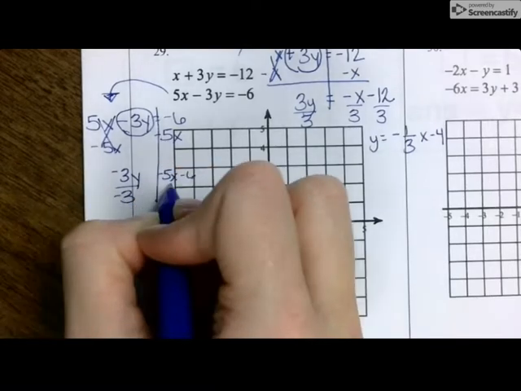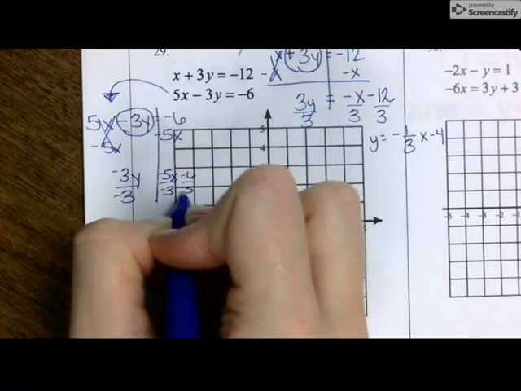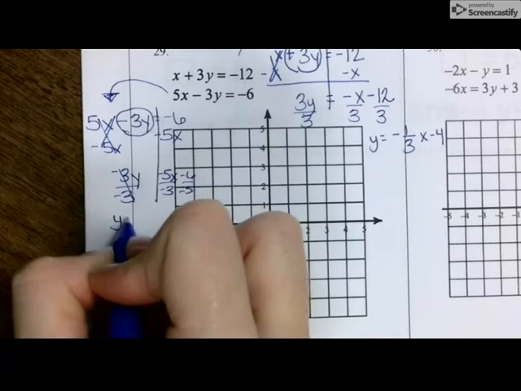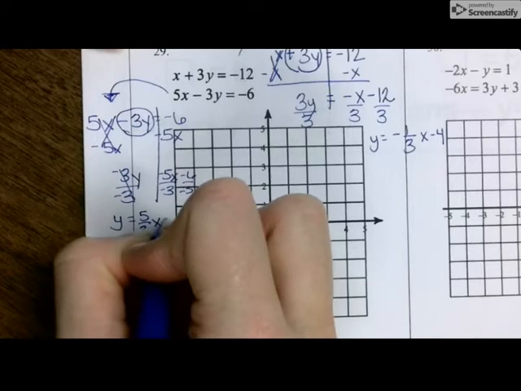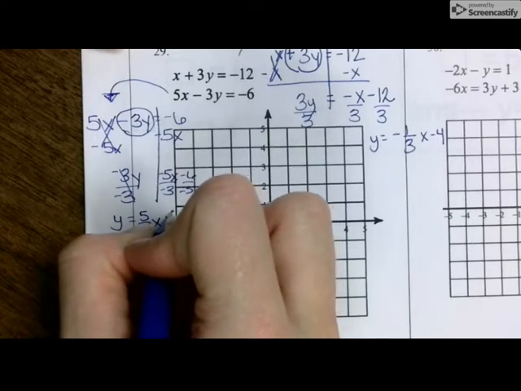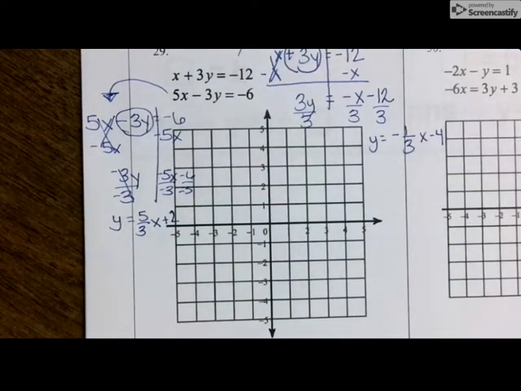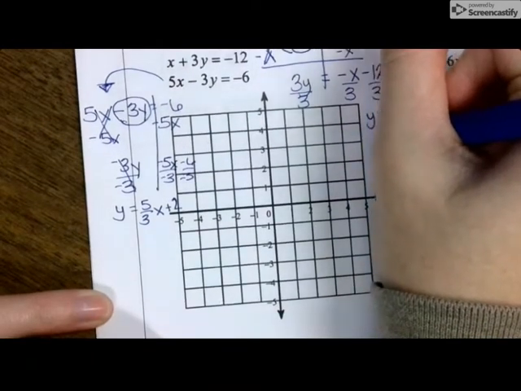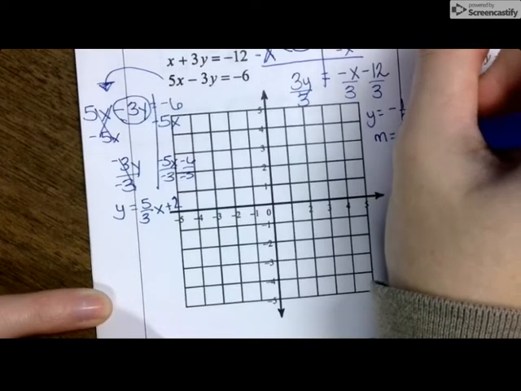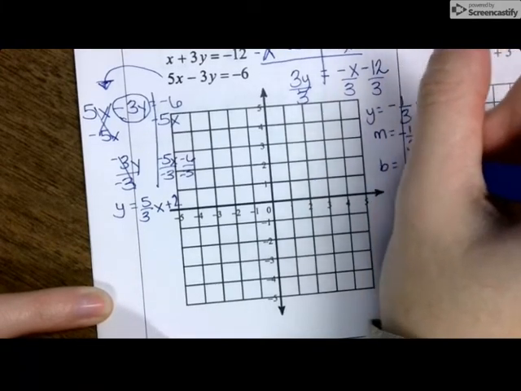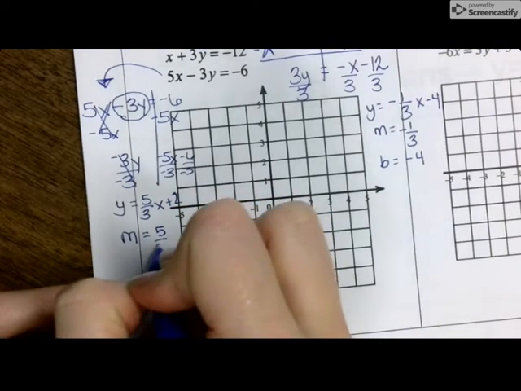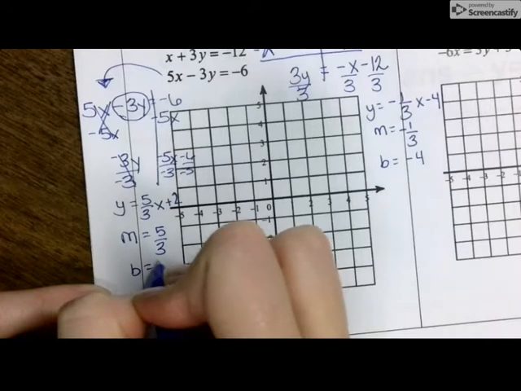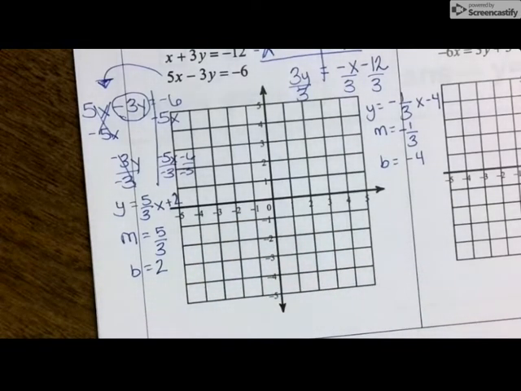I'm going to divide every single thing by negative 3. And y equals 5/3 x plus 2. Okay? So, same thing. My m here is negative 1/3. My b is negative 4. My m here is 5/3. My b is positive 2.